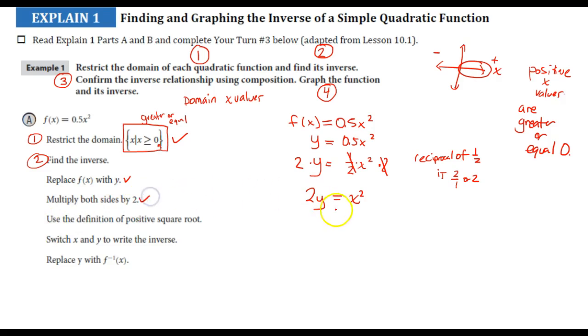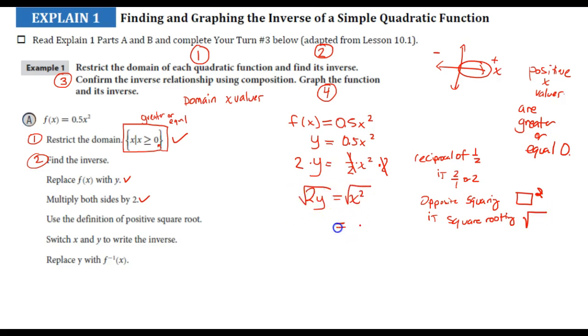Alright, cool. The next thing I'm going to do is, it says use the definition of the positive square root. So essentially, the opposite of squaring something, just in case you forgot, is square rooting. And what that looks like visually, essentially, let's say I have something squared, I can square root.